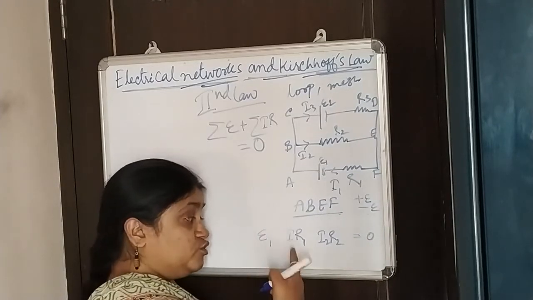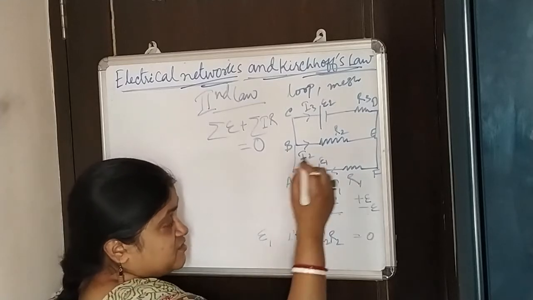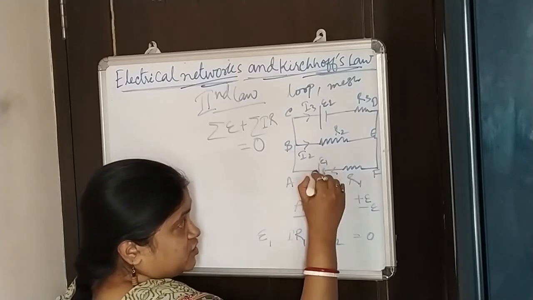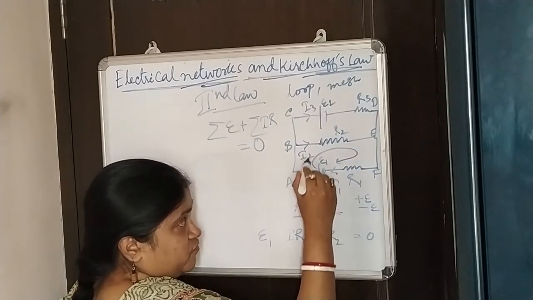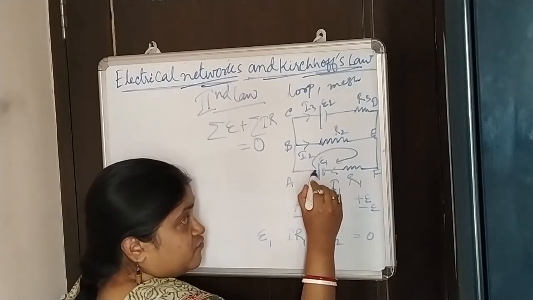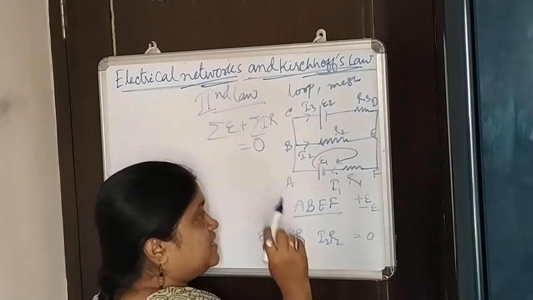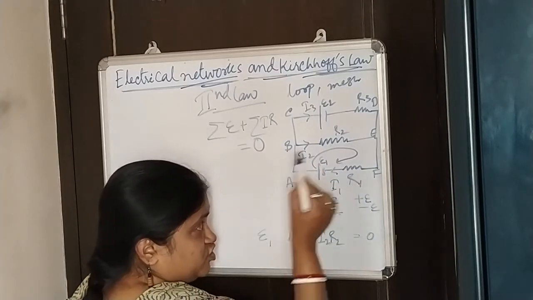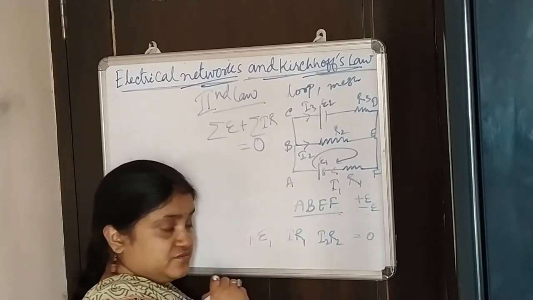But before that we need to take the proper sign. As you see, this is the higher potential and this is the lower potential. It means that this is the way the current flows through the circuit, from higher potential to lower potential. So in the first case, as it is flowing from higher potential to lower potential, my E1 should be positive.